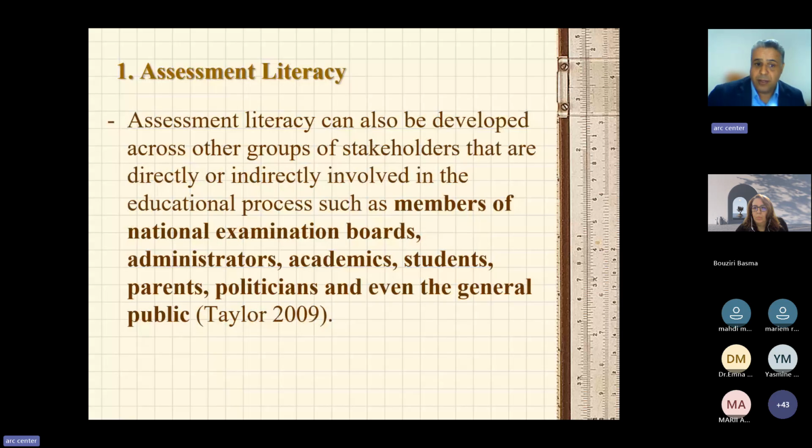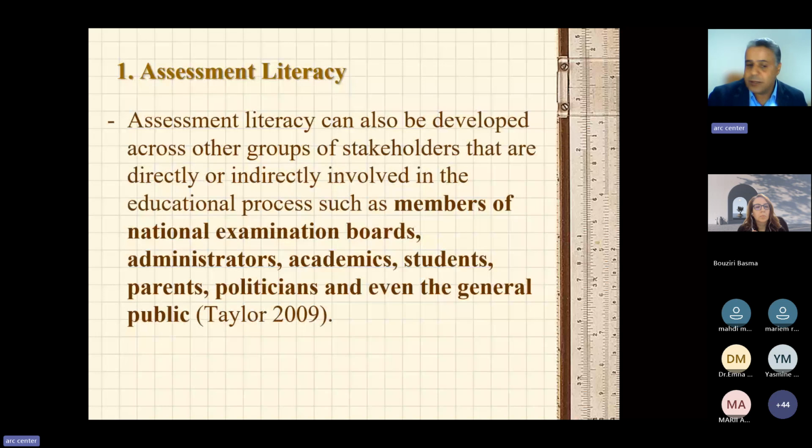So here, for example, we have members of national examination boards. They should have assessment literacy. Administrators, those who manipulate the scores that we give them at the end of the year, should also have some knowledge about assessment literacy.